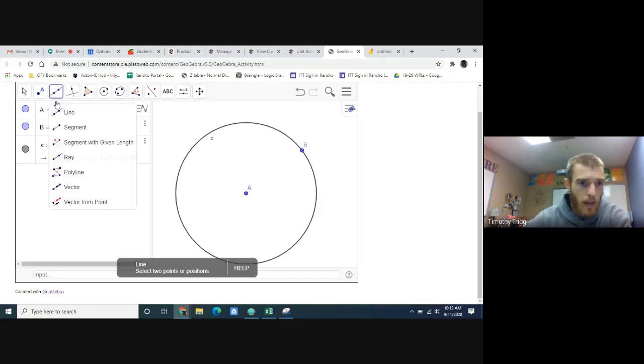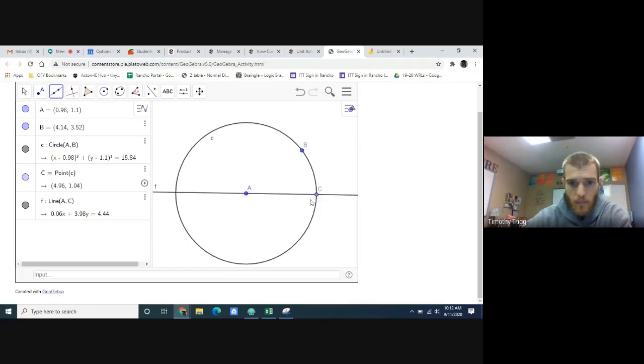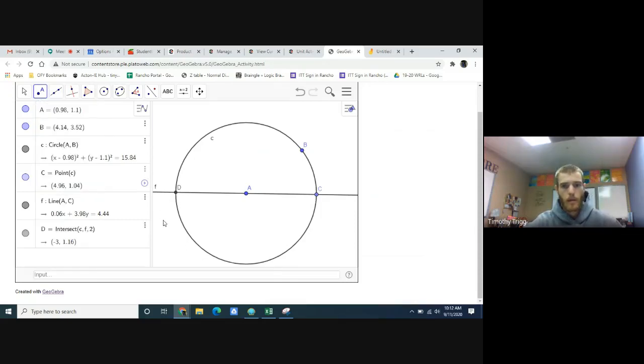We need to produce a line that is a diameter across the middle of the circle. So we're going to produce a line, not the segment, but the actual line tool. Go ahead and click on A, and then you can click out over here. Notice we've produced a diameter of the circle. I'm going to put a point right here as well. It'll make it easier to talk about.